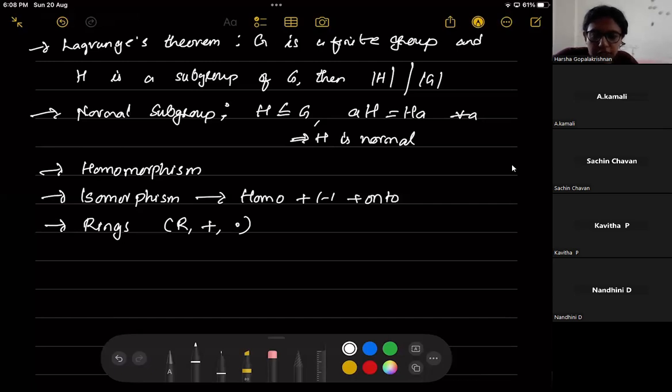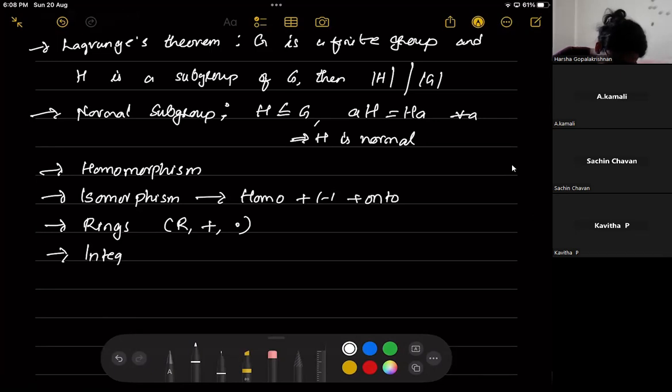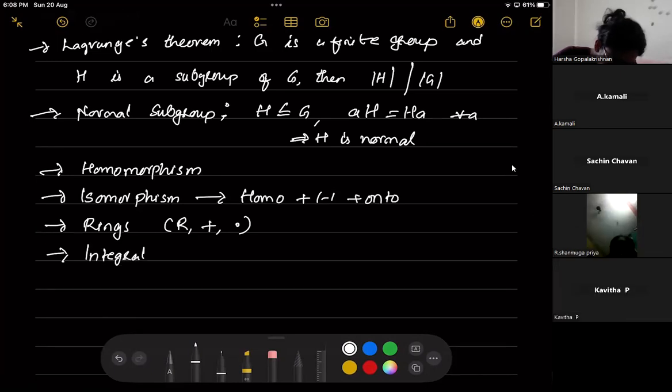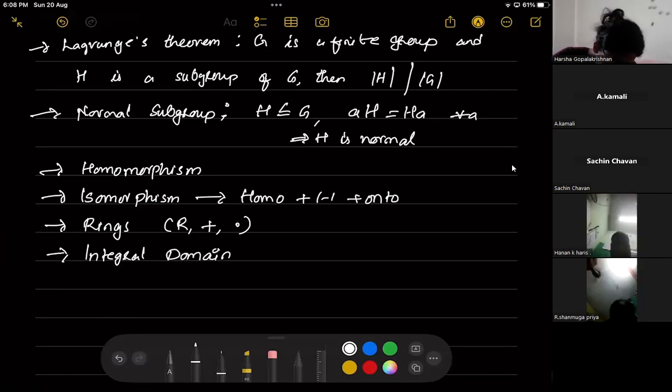I hope you know the definition already. And after that, integral domain. I'm not going to the definition. And then fields. So these many concepts are covered in the last week. Now let's go to the questions.